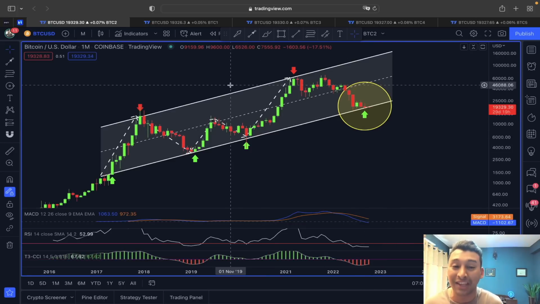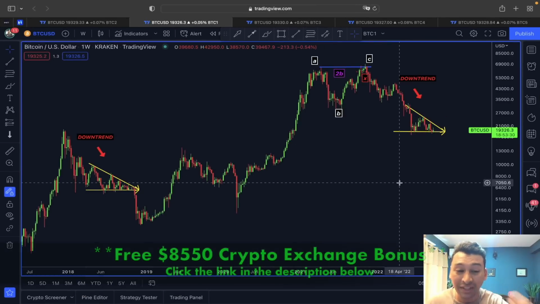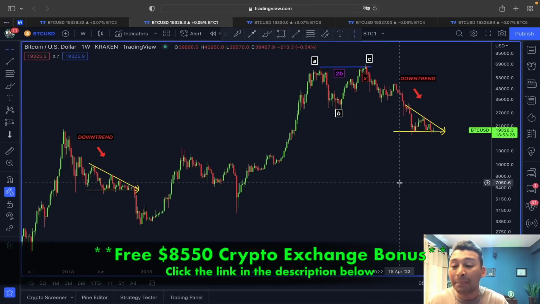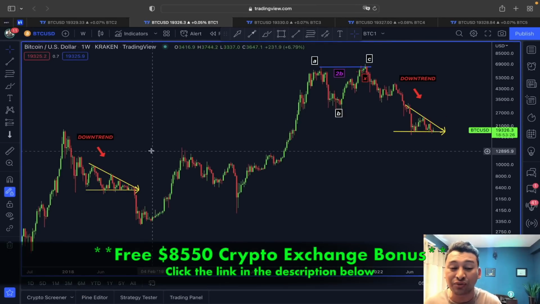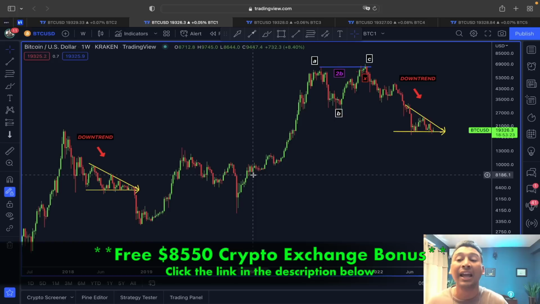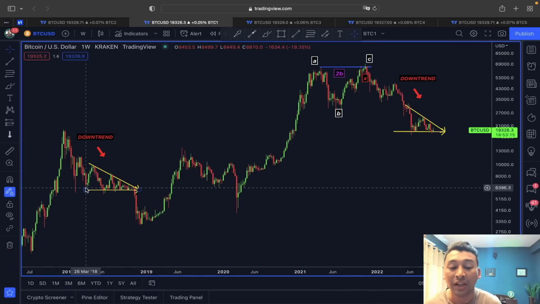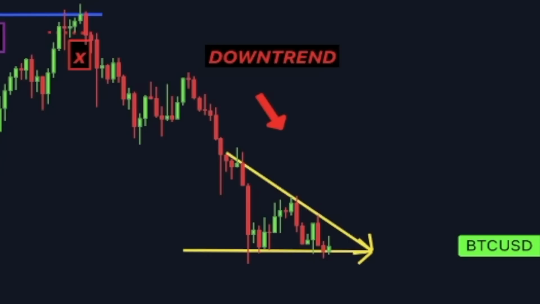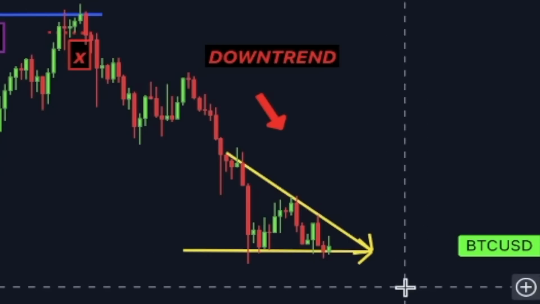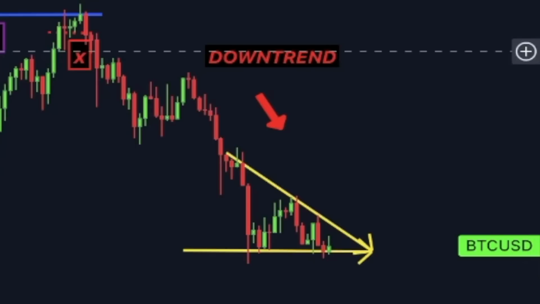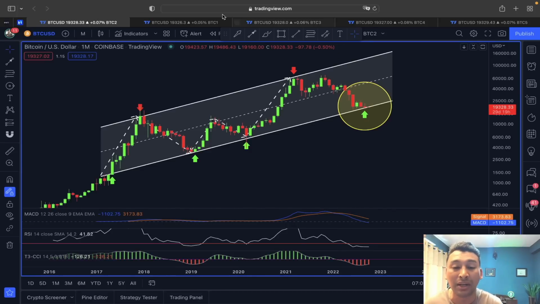Why am I saying this? Because this downtrend which is happening right now, and also the downtrend which we had here in 2018, is playing out perfectly, also indicating a corrective movement once we lose the support from this lower line area. This lower line area of this descending triangle is definitely another important line of support which we are holding right now around the 18 to 19,000 range, along with this ascending channel in the monthly time frame.